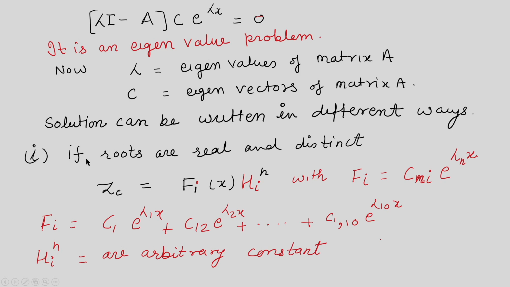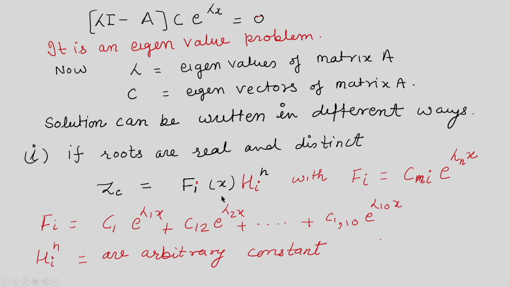The very standard solution, which we used to call Pagano type solutions, is given in any higher engineering mathematics book, specifically the book by Kreyszig. In that, the solution of simultaneous first order differential equations is expressed as follows: if roots are real and distinct, then we can assume a complementary solution like Fi into Hi, where Hi are arbitrary constants and Fi is a function of eigenvectors and eigenvalues.